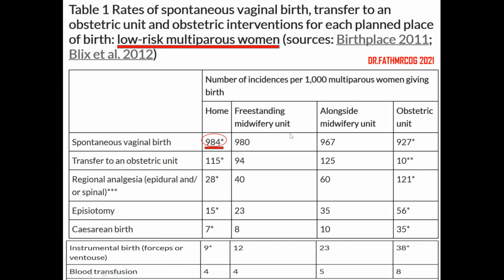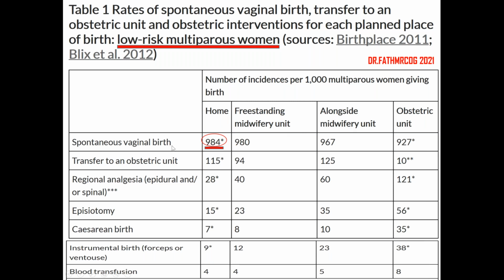Yes, in this table there is important information about the rate of spontaneous vaginal birth, transfer to the obstetric units, and obstetric intervention for each planned place of birth in low-risk multiparous women. This is very important. This chart shows that spontaneous vaginal birth at home is higher than in freestanding midwifery units, alongside units, and obstetric units.